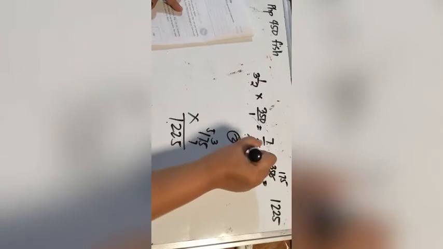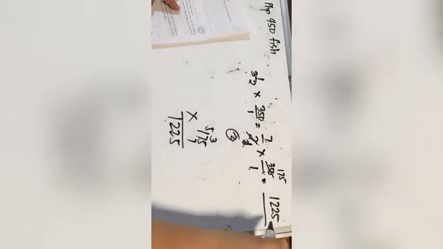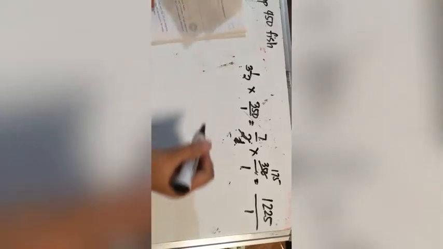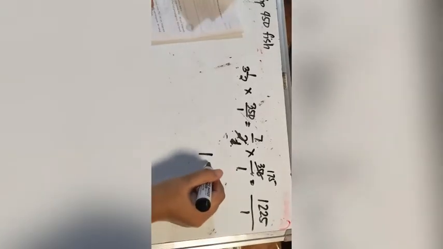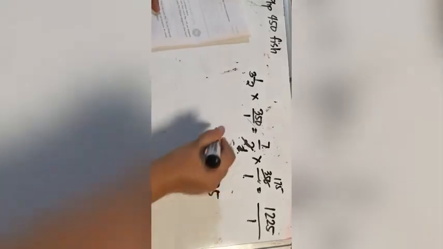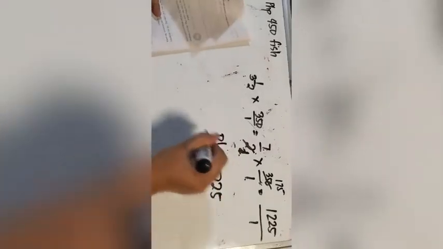This is not, 1 na yan siya. So this is 1. Now, therefore, our answer, the total cost for the beef: 1,225 divided by 1. Of course, it will give you the same number. 1,225 pesos. This is for the beef.